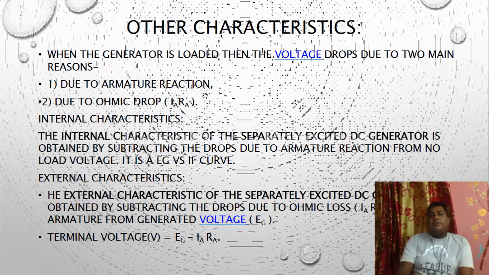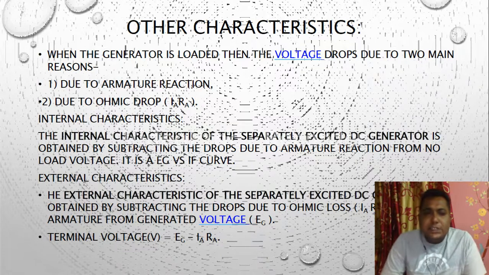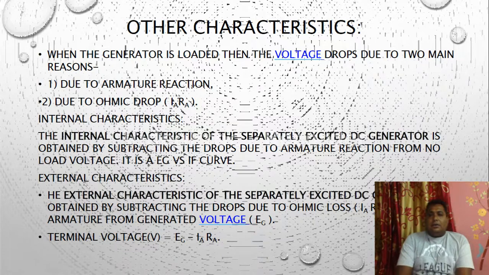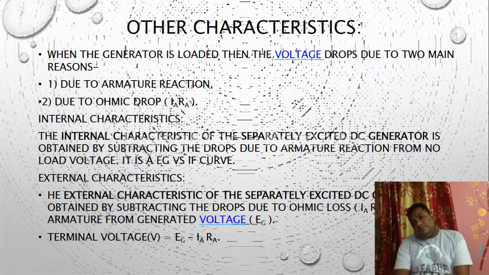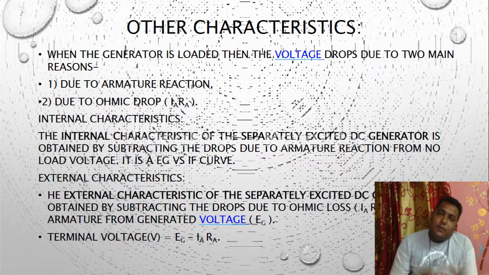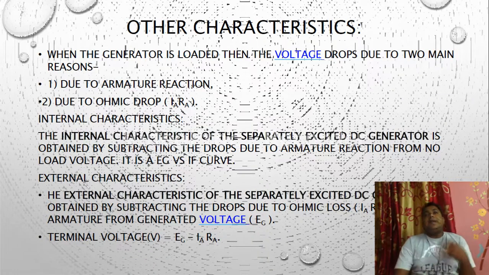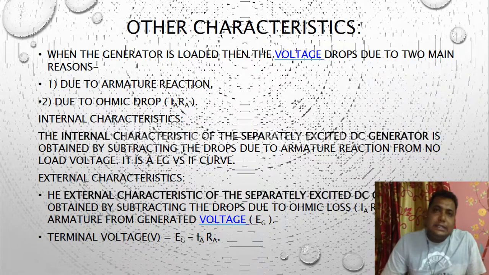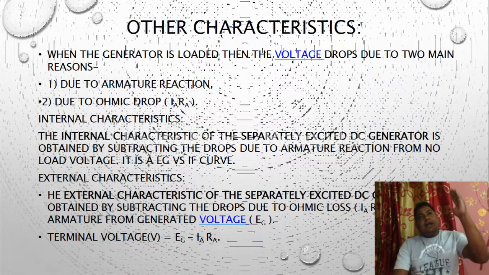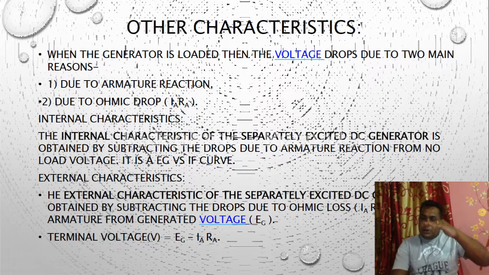Now, what is the internal characteristic? Whatever characteristic is obtained from the no load characteristic, that height or magnitude is going to be dropped. Why?